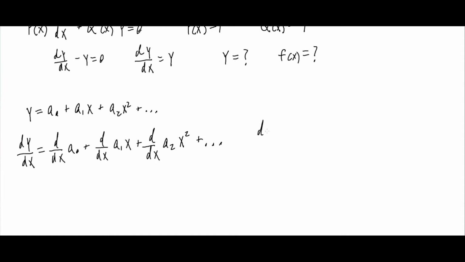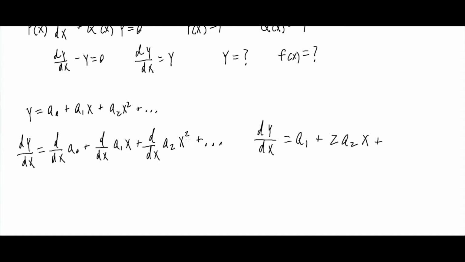And so with this, if we just go through term by term differentiating, what we end up with is dy dx is equal to, so the derivative of some constant is going to be 0, so that just cancels out. D dx of a1x, so the derivative of x with respect to x is 1, and so we just end up with a1, and then d dx of a2x squared is going to be 2a2x.